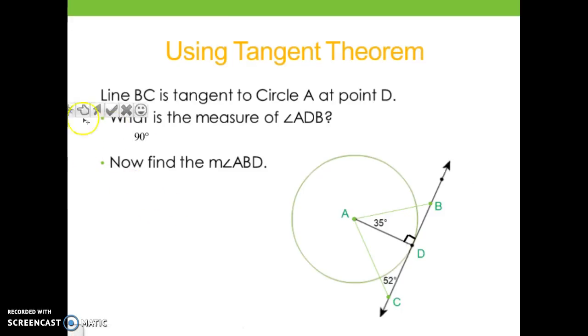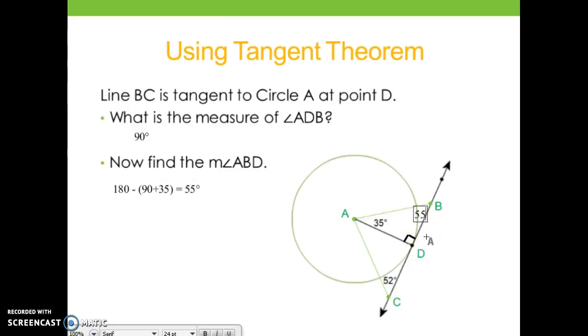Now they want us to find the measure of angle ABD. Well, that is the third angle. What are the three angles in a right triangle? They told us this angle here is 35. We know this one is 90. So we use the triangle sum theorem, and we're going to do 180 minus the sum of 90 plus 35, and that will get us 55 degrees.